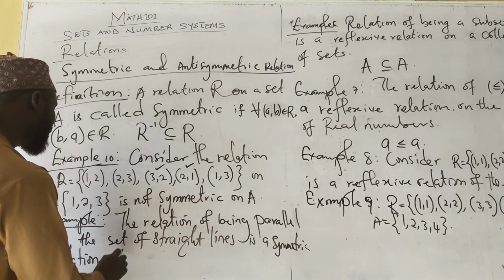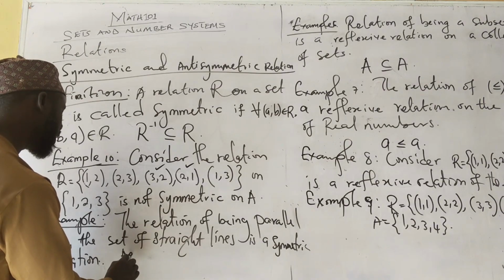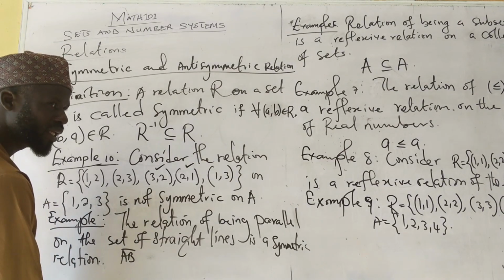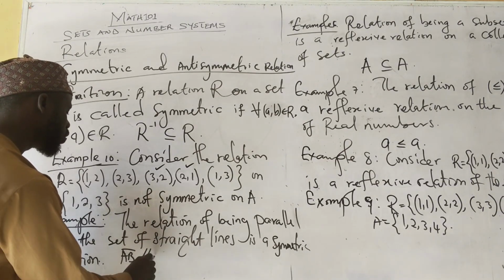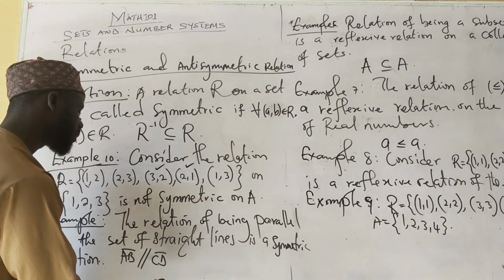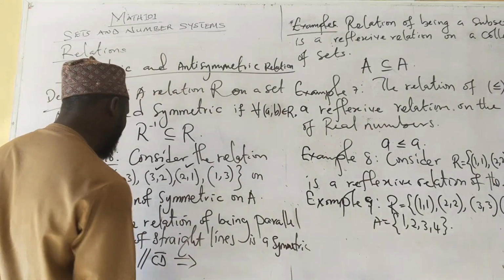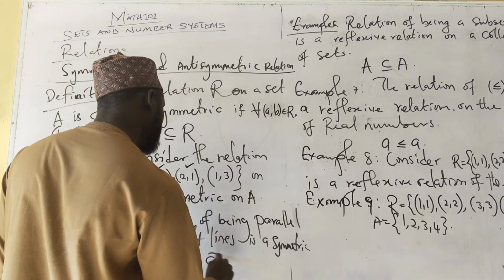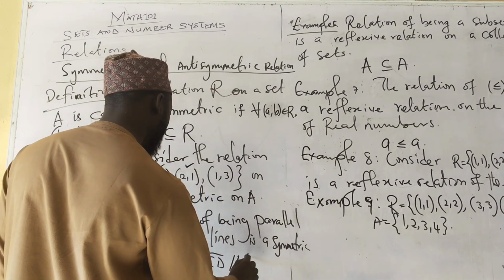Because if you have a line segment AB, and it's parallel to the line, let's say CD, this would imply that the line CD is also parallel to the line AB.